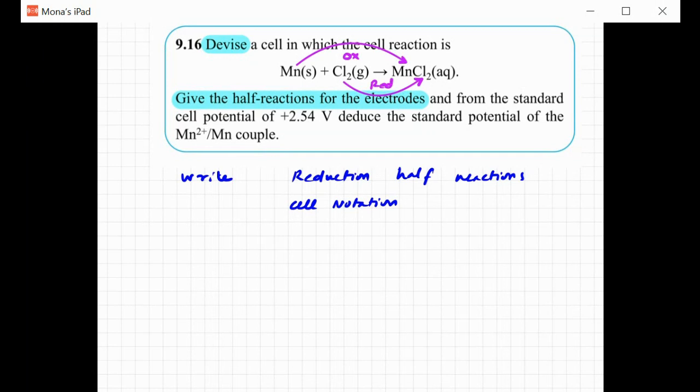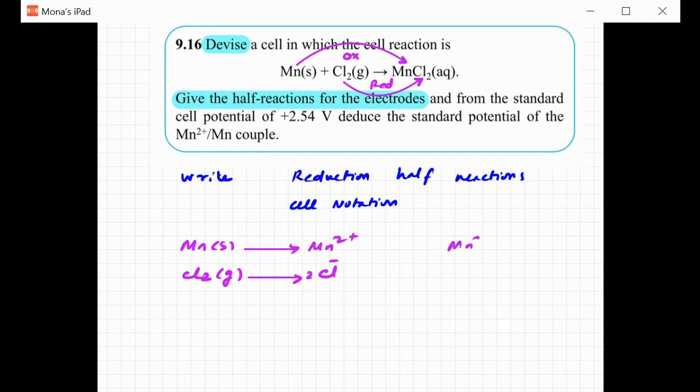So we have Mn, solid, going to Mn2+, and I also have Cl2, which is of course gas, giving Cl minus.